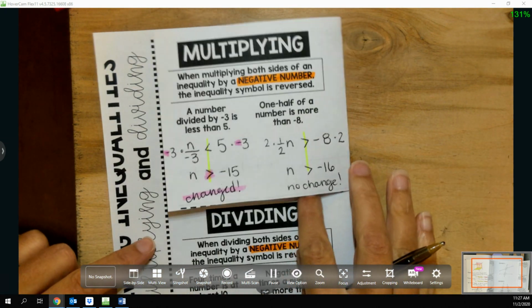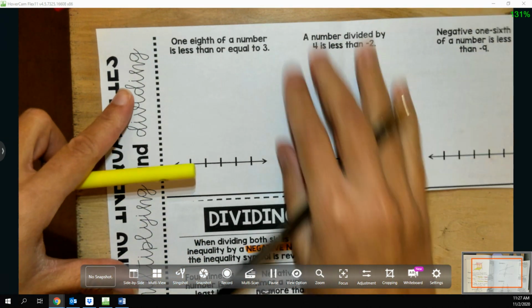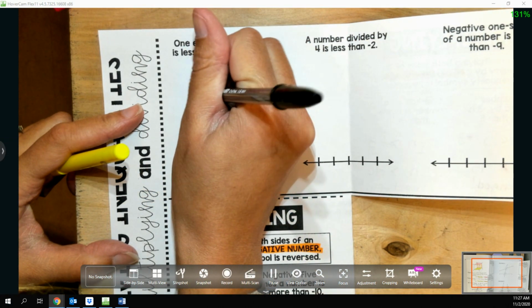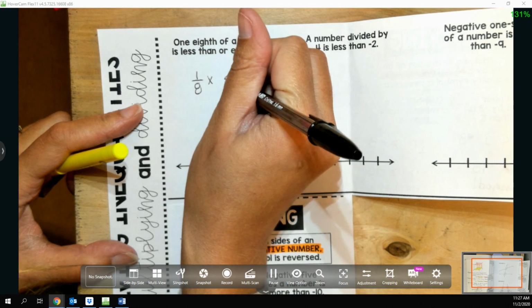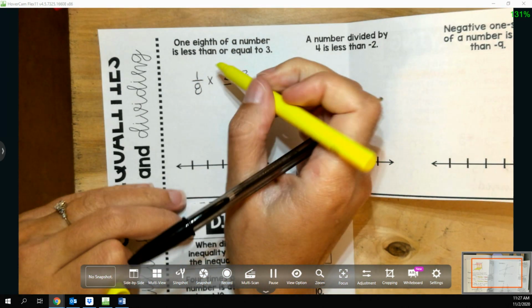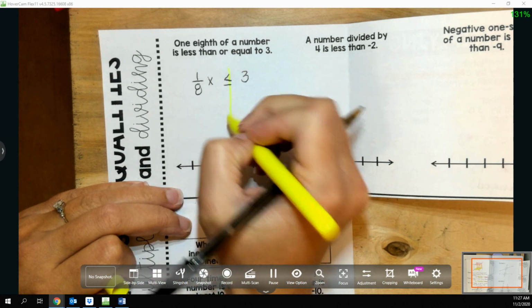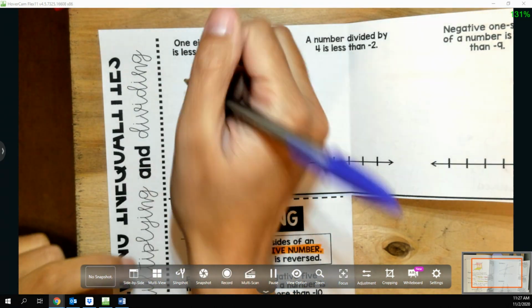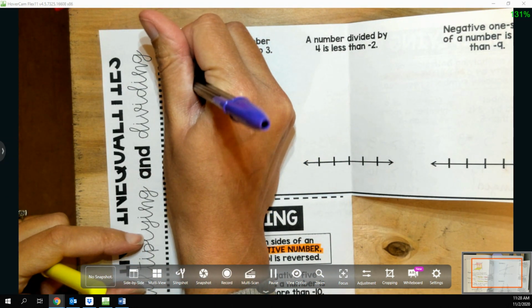If we try a few on the inside here, 1/8 of a number x is less than or equal to 3. We put in our sides. And then to solve for x, I would multiply both sides by the reciprocal, which is going to be 8/1.